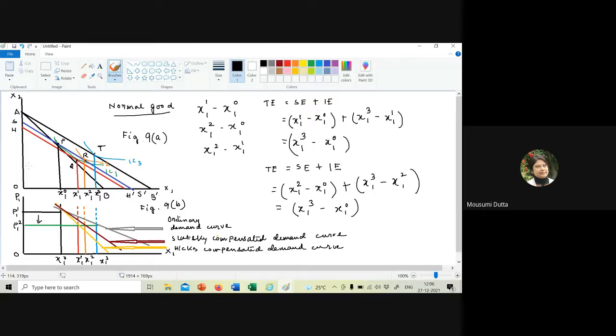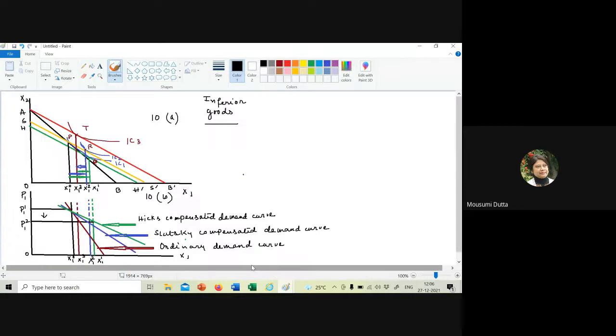On the other hand, if the concerned commodity is an inferior one, with a higher budget, the consumer will substitute lesser x2 by x1, as x1 is inferior to him.